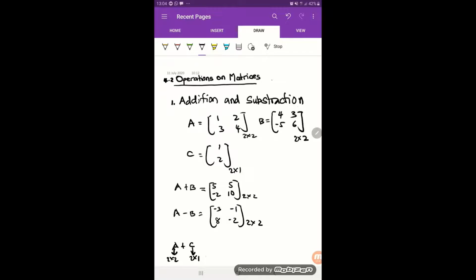Since matrix A and matrix C have different orders, the process of addition is not defined. This situation we call incompatible.